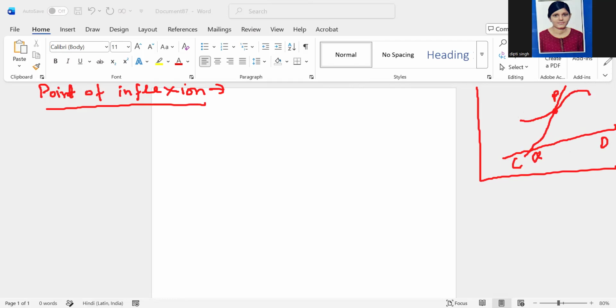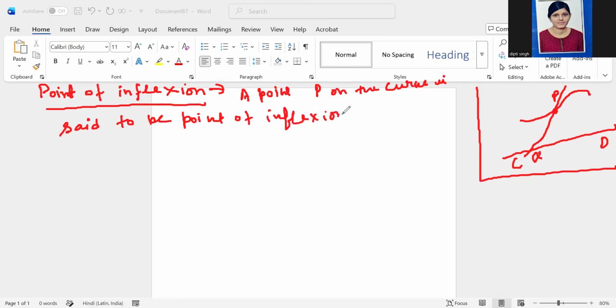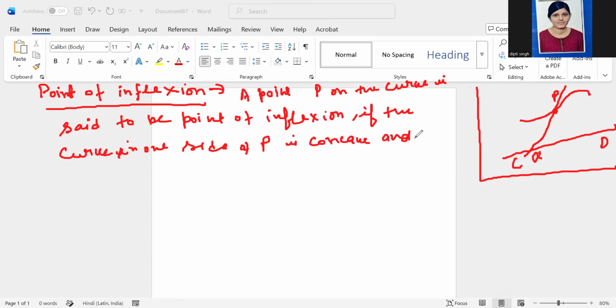So a point P on a curve is said to be a point of inflection if the curve on one side of P is concave and on the other side of P is convex, with respect to the line CD.